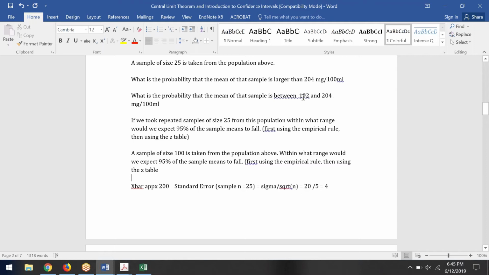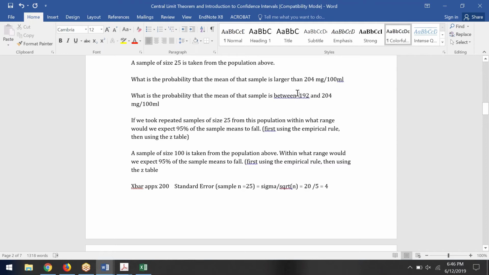And 192 is 2 standard deviations below, and 2 standard deviations below to 2 standard deviations above represents 95%, right? So we have 16% above 204, but with 95% of the distribution being between 192 and 208, that means that below 192 is only 2.5% of the population.